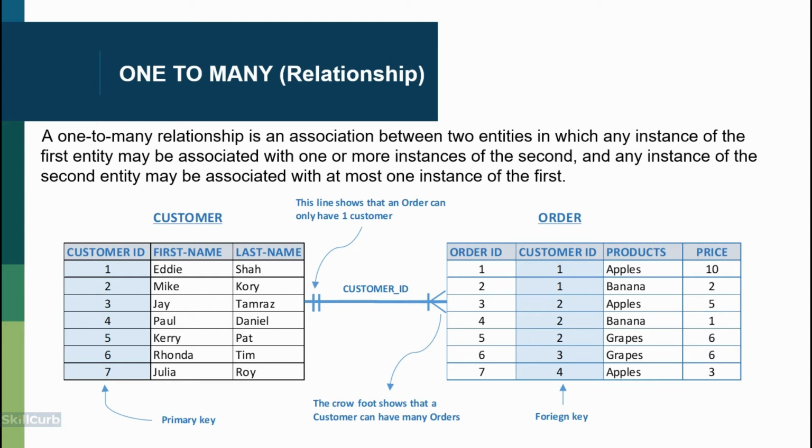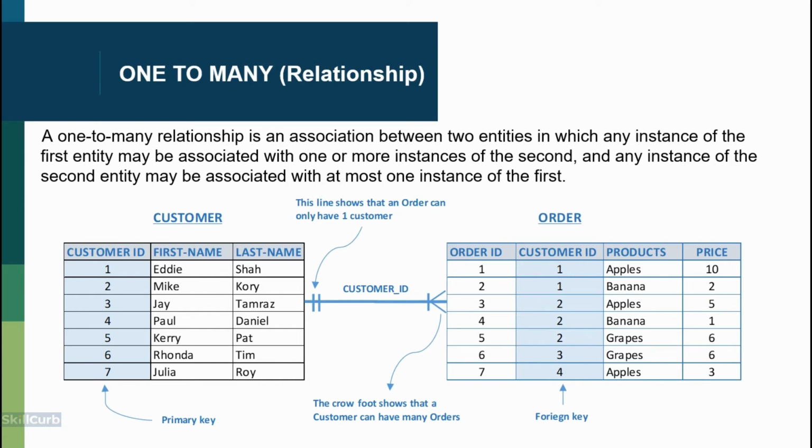And again, we have a primary key and a foreign key. So the primary key on the customer table is the customer ID, and the primary key in the order table is order ID. Great. But the order table also has a customer ID in it for this relationship to work. And that customer ID in the order table is a foreign key. And that customer ID is what that relationship is built on.